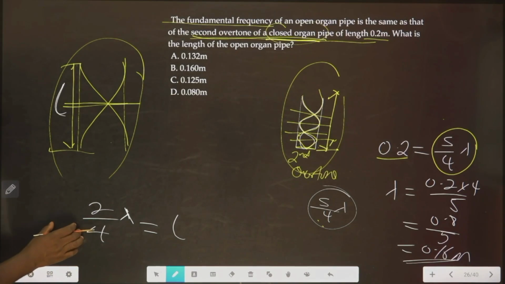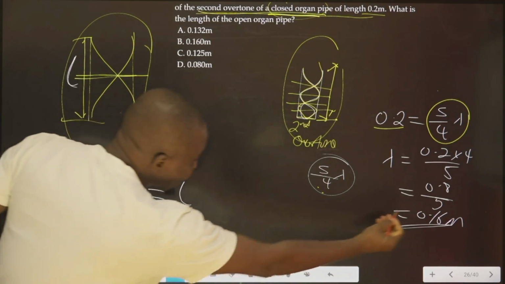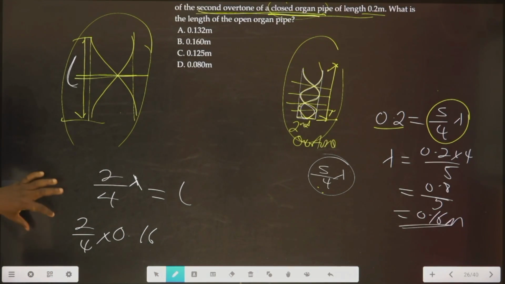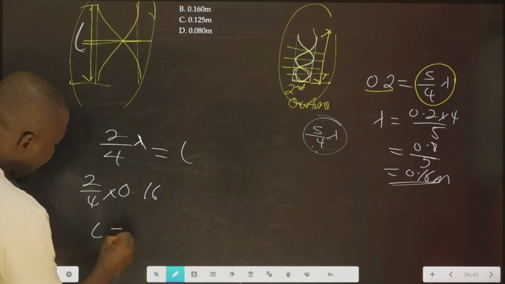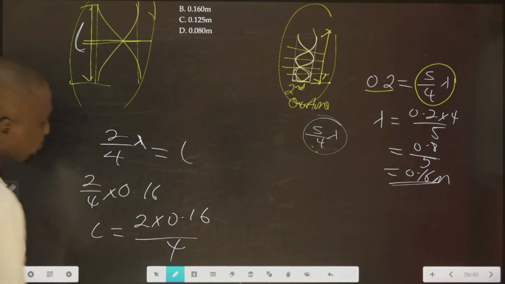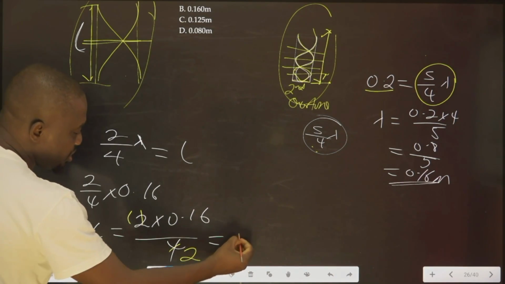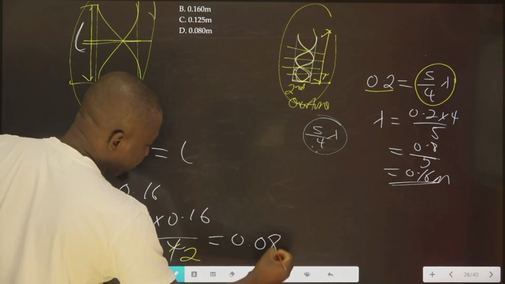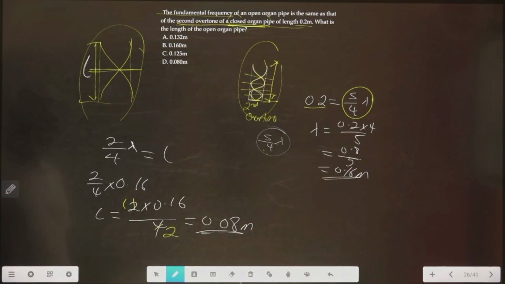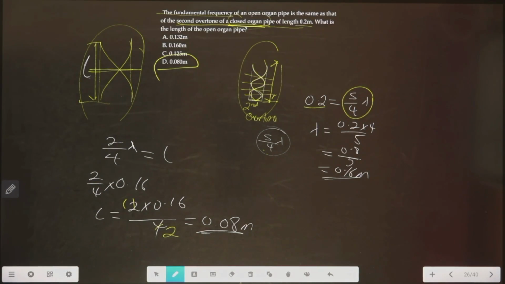It means, therefore, we already know this already because they are the same, 0.16. All we need to do now is to find here to be 2 times 0.16/4. Here 1, here 2. If you do this now, you're going to have 0.08 in meter. So therefore, the answer is D. D is the answer.